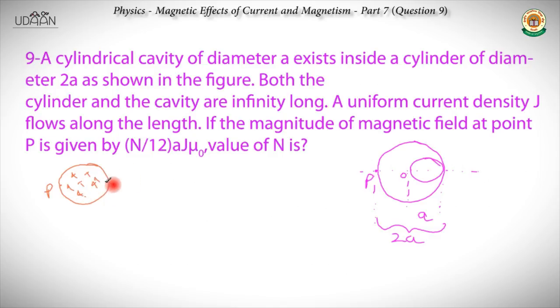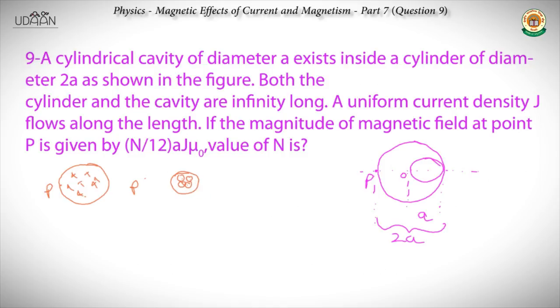Now a cavity is there, and we have to find the magnetic field. A cavity would imply that we can assume the cavity as a particular cylinder carrying the current in the opposite direction. Why do we take it in this manner?